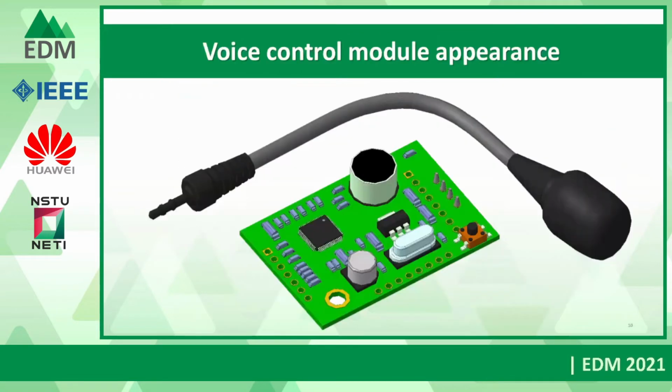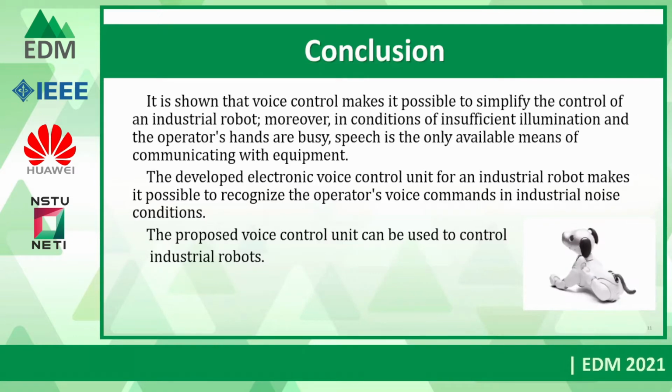This slide shows the appearance of the voice control module. In the course of the work it was shown that voice control makes it possible to simplify the control of an industrial robot. Moreover, in conditions of insufficient illumination and when the operator's hands are busy, speech is the only means of communication with the equipment.